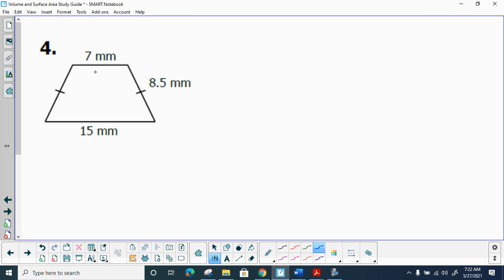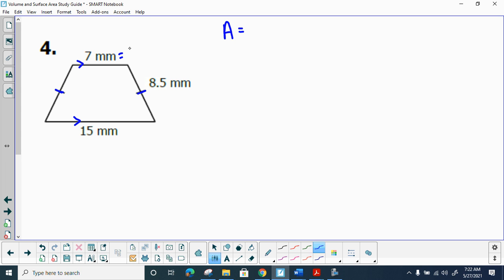Number 4, we have a trapezoid. So we have parallel sides here. And I know that because these two lengths are the same. So for a trapezoid, the area is the average of the two bases.